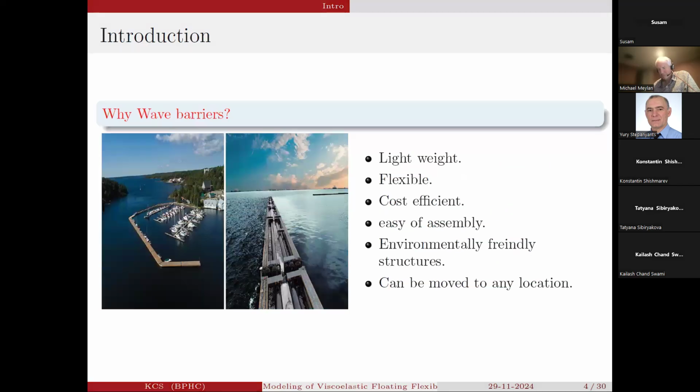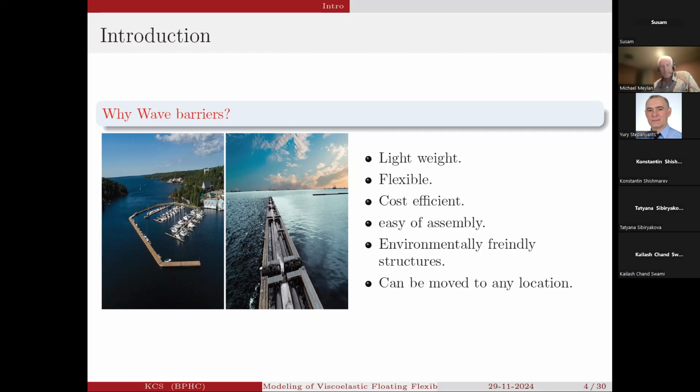Why? Because they are lightweight, flexible, and cost efficient, and they give ease of assembly. We can install them in different places in very little time, or move them from one place to another. Also, these structures are very environmentally friendly.